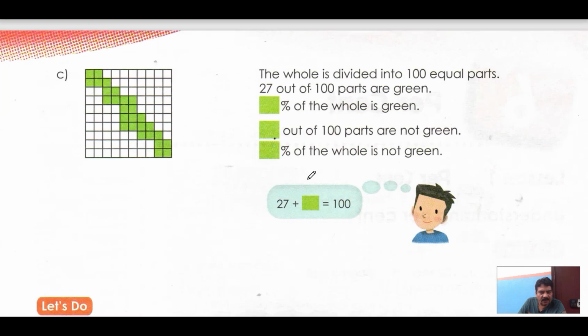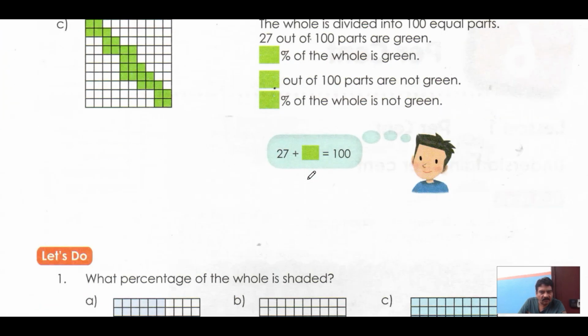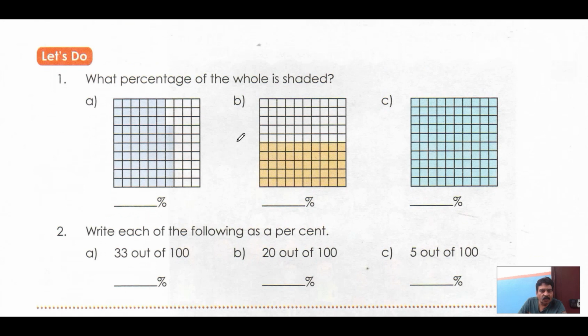Let's go to the next one now. See here, what percentage of the whole is shaded? So you remember always, percent means out of 100. So here, if you count, these boxes are 100.